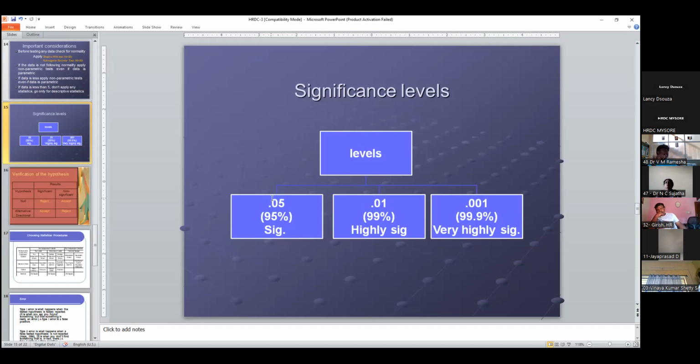And if it is 0.06, that is 94, then you immediately say it is non-significant. The significance level which you obtain, more towards 0 is significant, more towards 1 is non-significant. So please keep that in mind while interpreting. So 0.05 is your cutoff. That is the 95% level of significance. Please keep it in your mind.